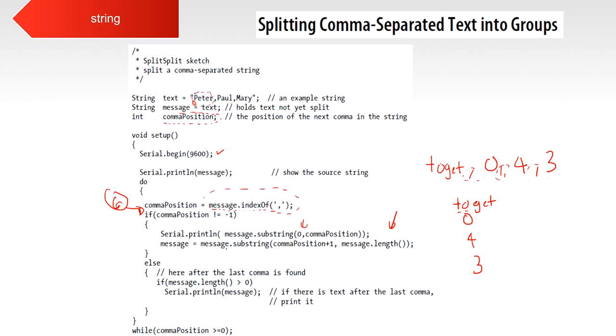Later, for the second part, message equals message.substring, starting at the comma position plus 1. Comma position plus 1 means it will start from here, up to message.length, so it will take all the remaining string, and then iterate the process.